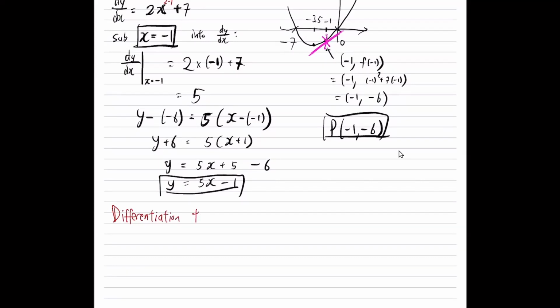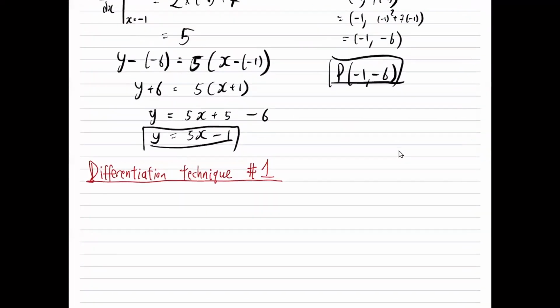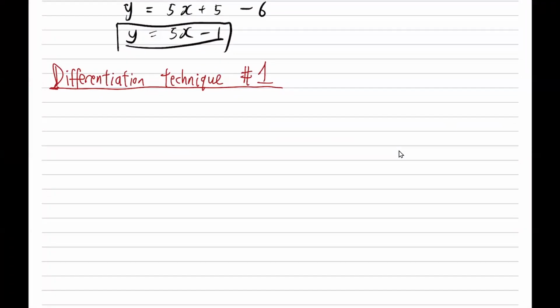Differentiation technique number 1. I think there's like 5 or 6 techniques. I was actually planning for 4 techniques, but since I'm only talking about the simplest case, I'll update the notes for next week. Basically d by dx.